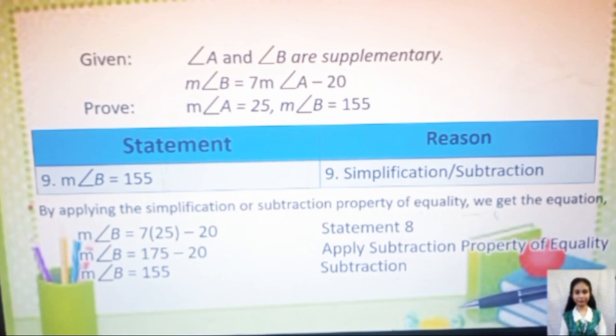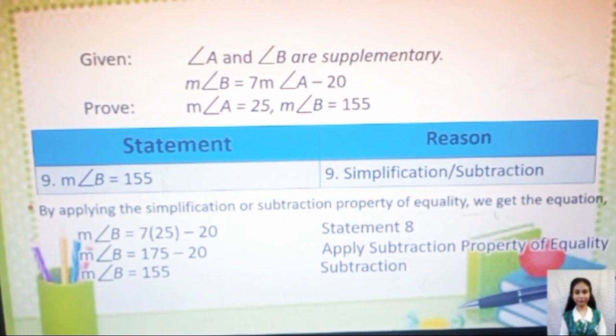Reason: simplification by subtraction. By applying the simplification or subtraction property of equality, we get the equation. Measure of angle B equals 7 quantity 25 minus 20, which is in statement number 8.